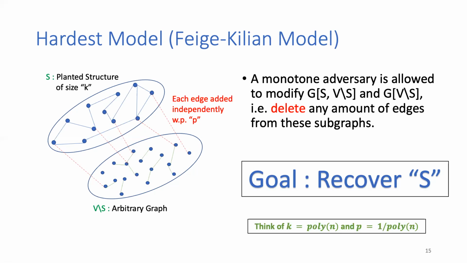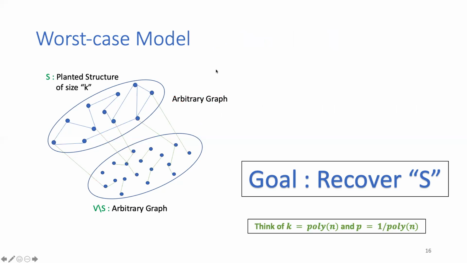So here there is no randomness, or no special structure on V minus S. The only randomness is between S cross V minus S, and now you want to recover S. So the goal is always to recover S. And the worst case model is when there is no randomness at all, and even the subgraph on S cross V minus S is an arbitrary graph.